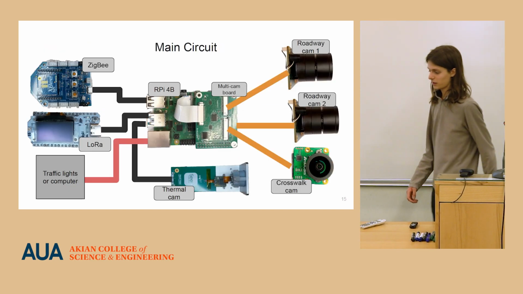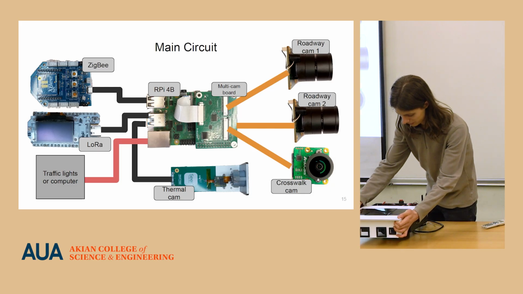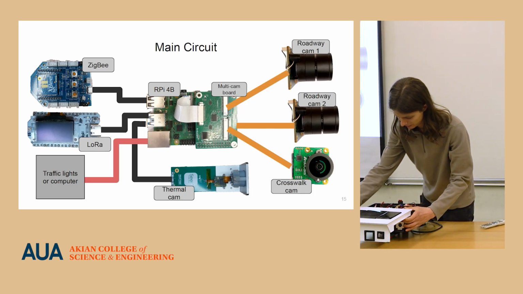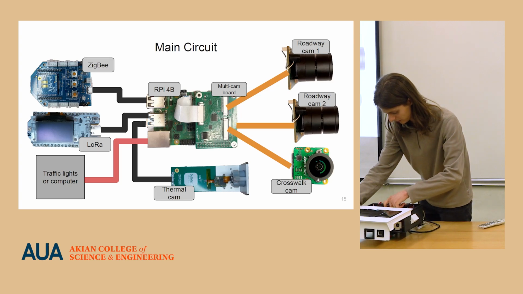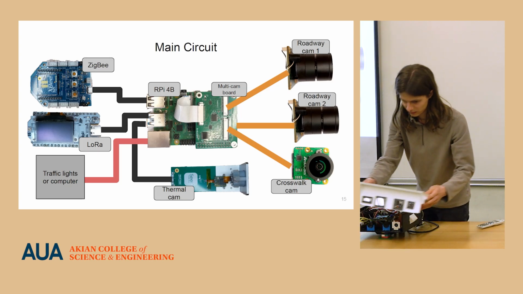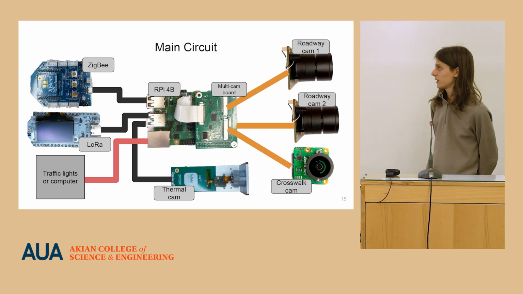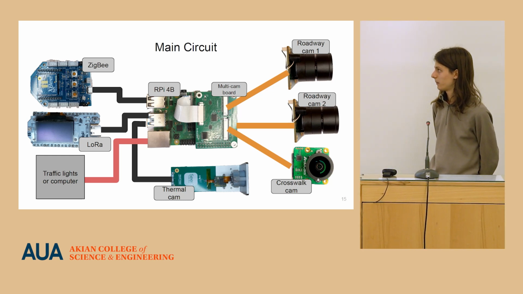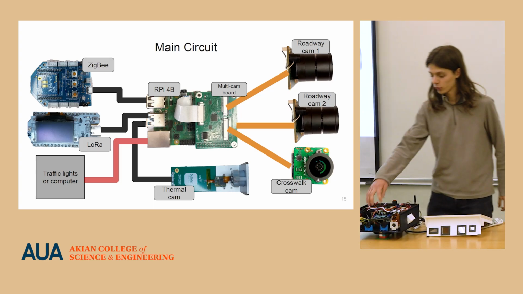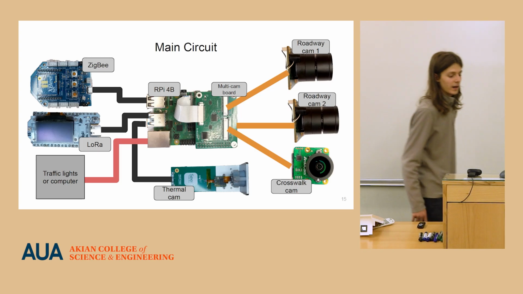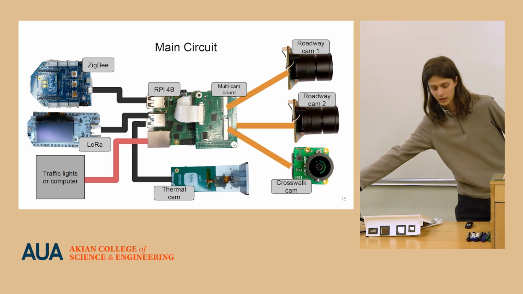So the main circuit. For the main circuit that is connected to the Raspberry Pi, we have 2 cameras looking at the roadway, which are here. We have a Zigbee and LoRa communication devices, which are here.